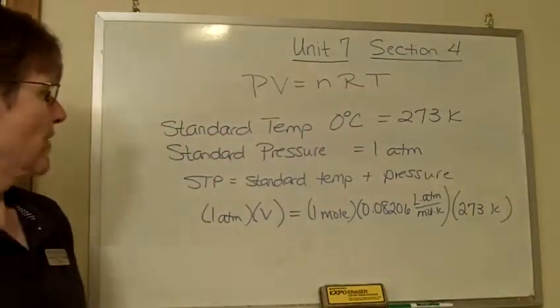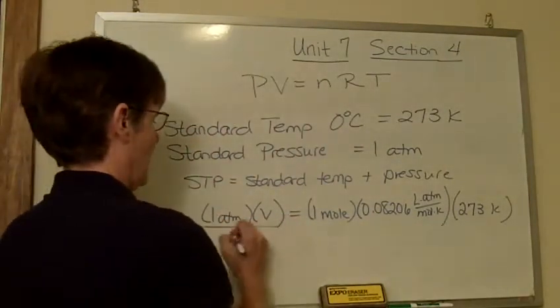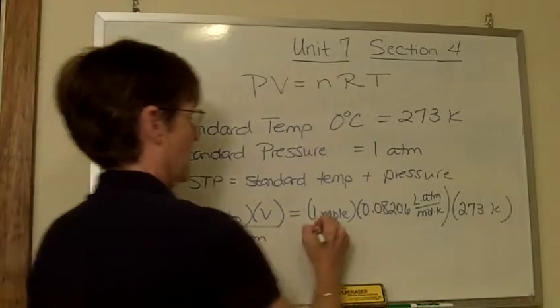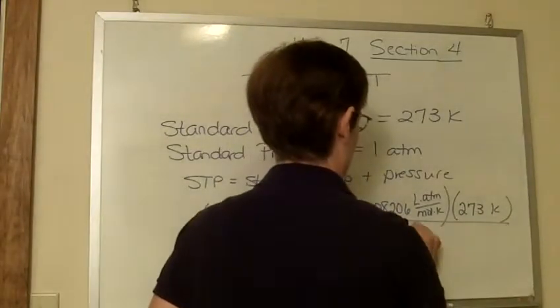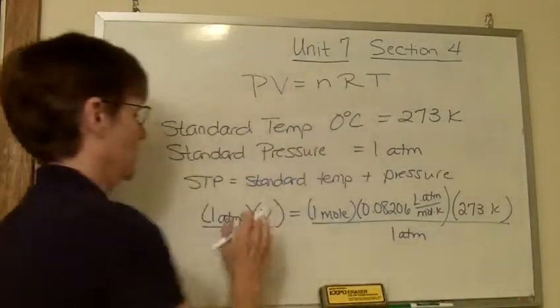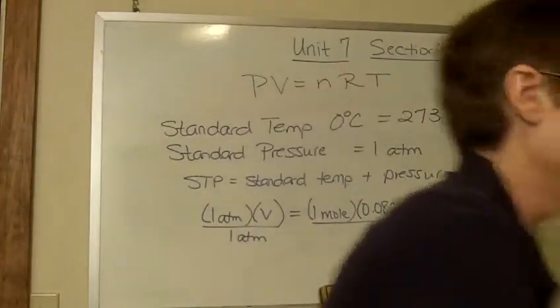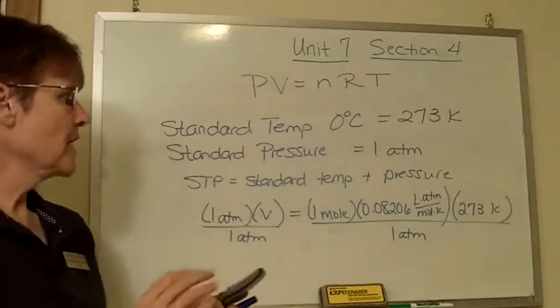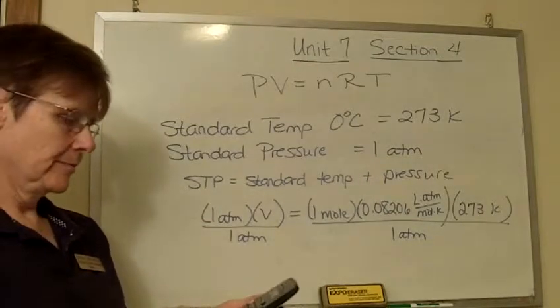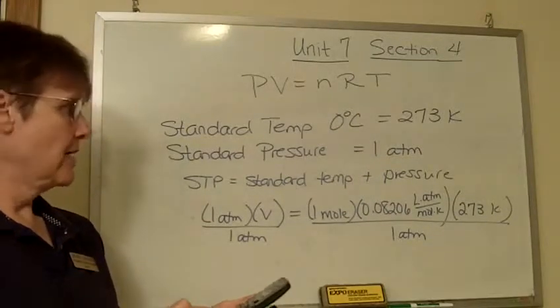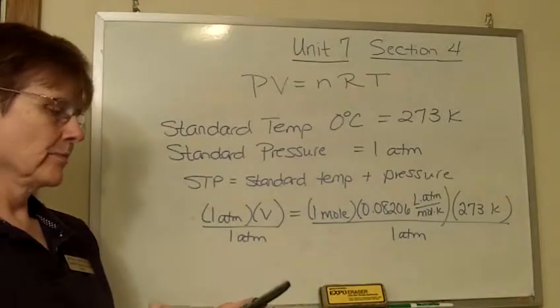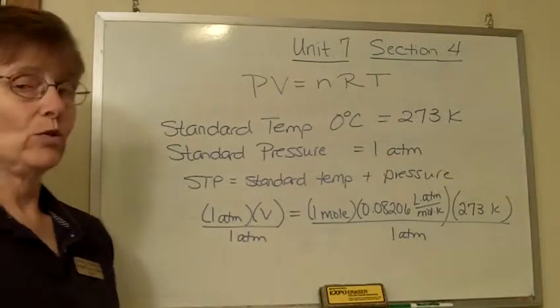So if I divide both sides by 1 atmosphere, that gets me volume all by itself on this side of the equation. And let's try it. 0.08206 times 273 equals 22.4.